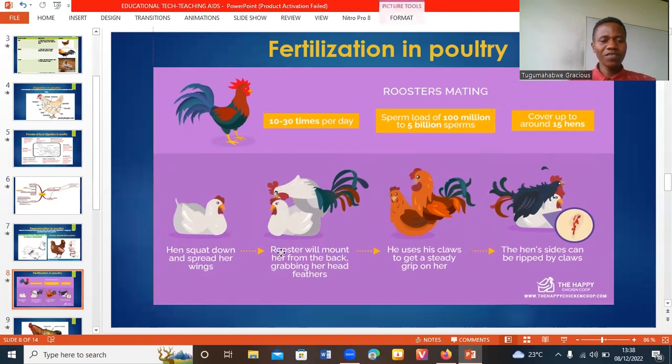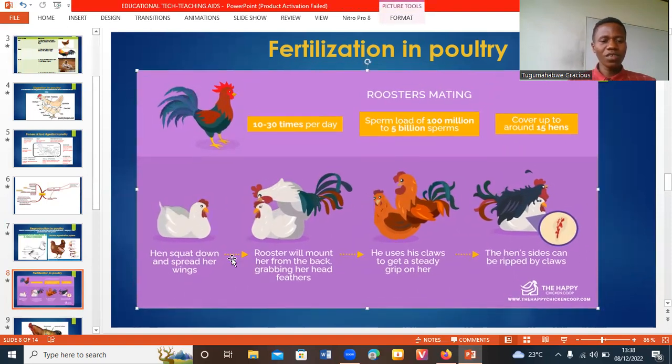Next, the rooster will mount her from the back, grabbing her head feathers. So it is showing how mating takes place, and that is the process of fertilization.